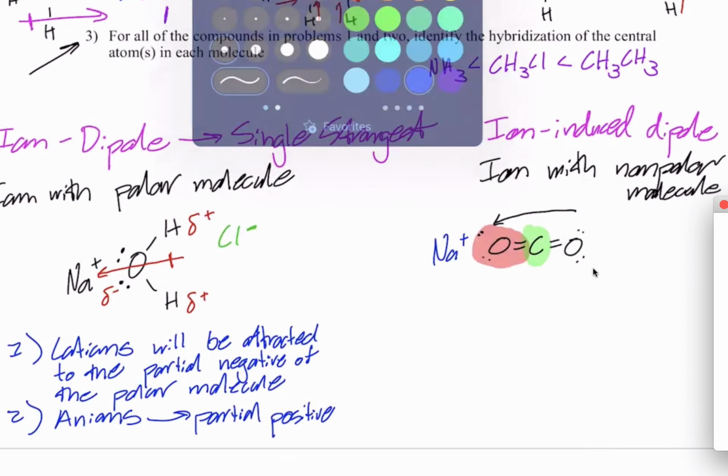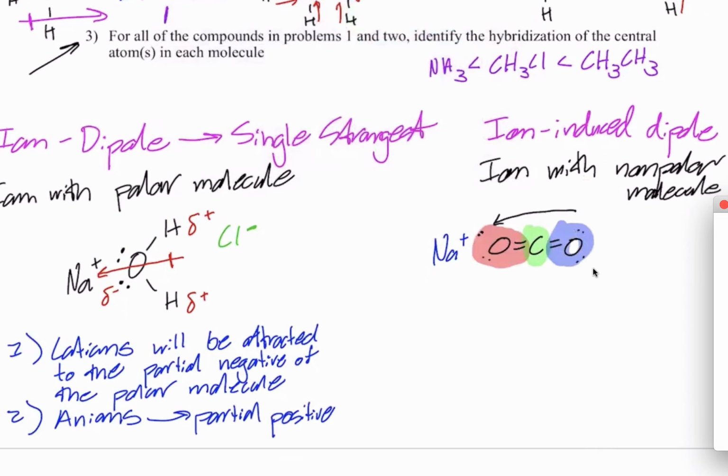In this normally nonpolar molecule, those electrons are going to pool around that oxygen because it's close to that positively charged cation. So it's going to form this induced dipole, okay? We get this temporary induced dipole where there is low electron density on one end and high electron density on the other.